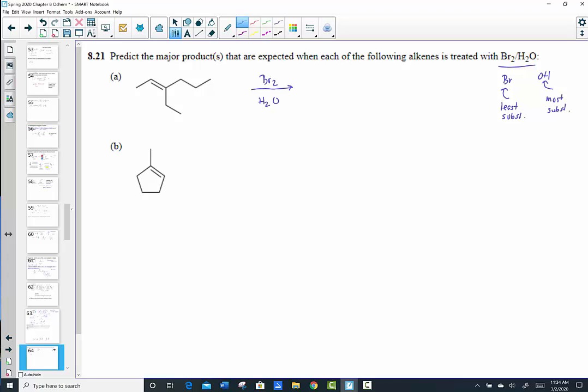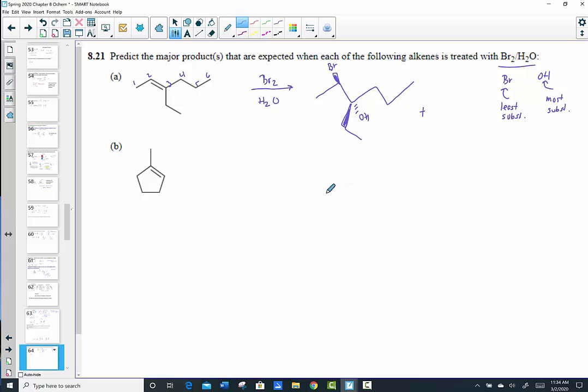Alrighty. So when we think about that, let me count. 1, 2, 3, 4, 5, 6. At carbon number 3 is an ethyl. When bromine adds first, it will form on the least substituted, meaning the hydroxyl will come out as the most substituted, and making this guy a wedge.